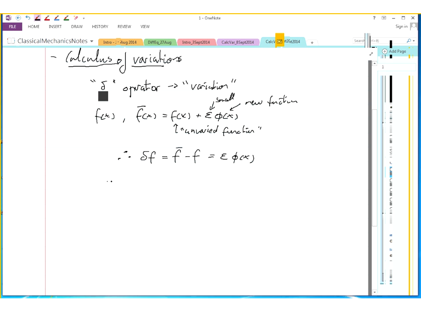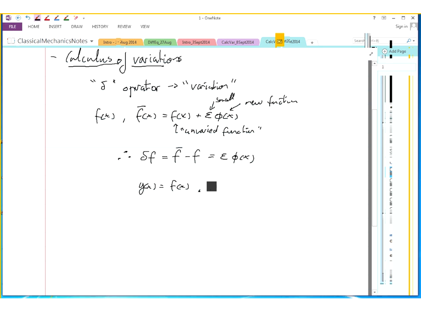Just for notational simplicity, we'll interchangeably use f and y of x. So we have y of x as a function. It's just the same as f of x.